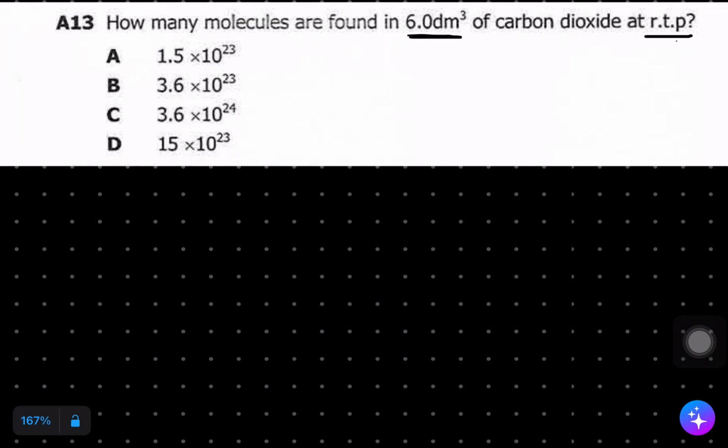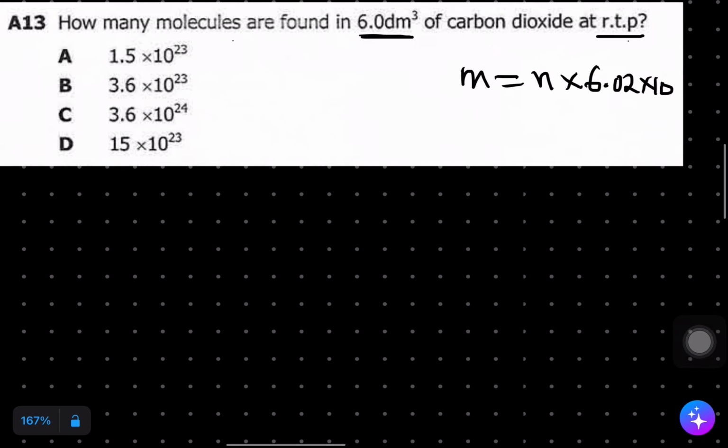When you're finding the number of molecules, first of all, we find the number of moles. Because the number of molecules is equal to n times Avogadro's constant, which is 6.02 times 10 to the power of 23. So take note of this.